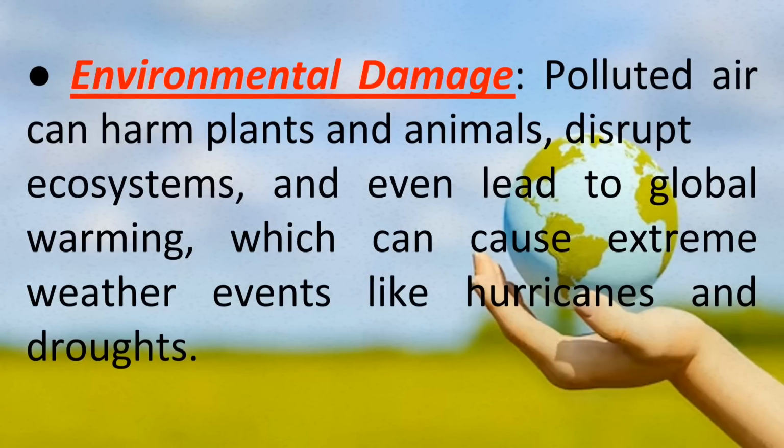Of course, we have also the environmental damage. Polluted air can harm plants and animals, disrupt ecosystems, and can even lead to global warming, which can cause extreme weather events like hurricanes and droughts.